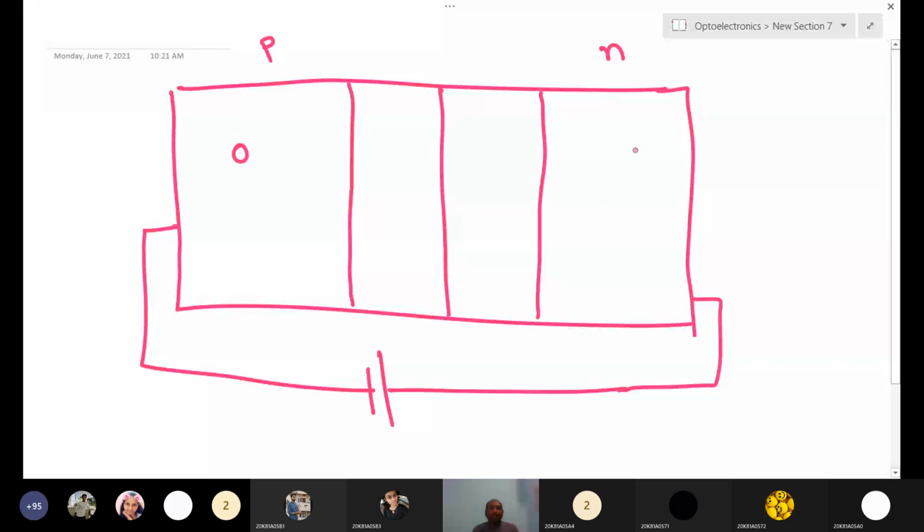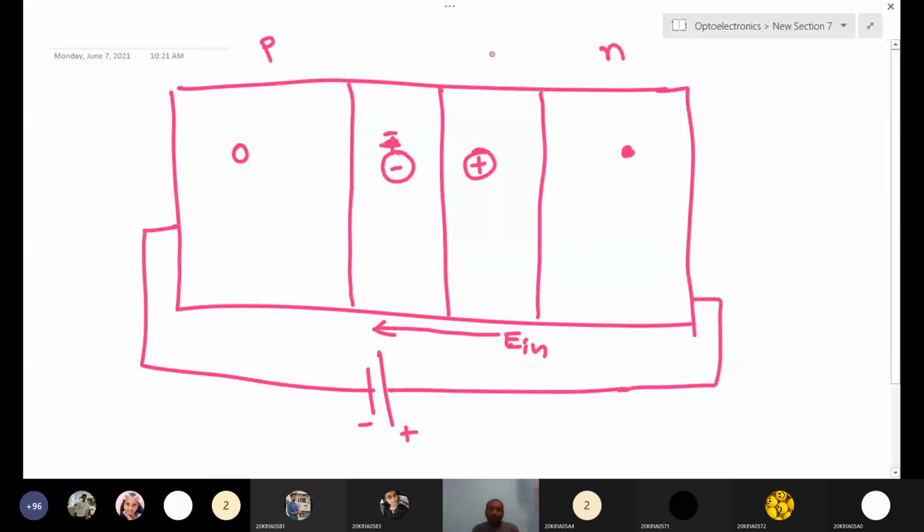Holes are the majority on the P side, electrons are the majority on the N side. When the depletion region forms, the P side leaves a negative charge density and the N side a positive charge density. Because of this, we have an internal electric field. Here you can write the battery's minus and plus signs. This is under reverse bias condition.